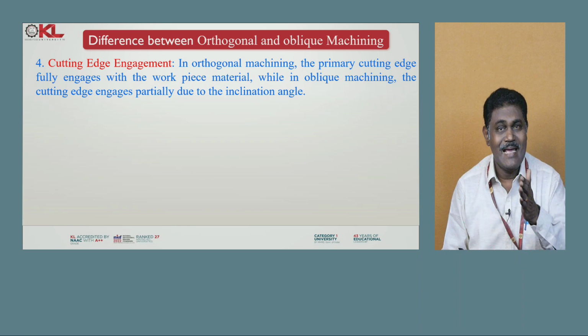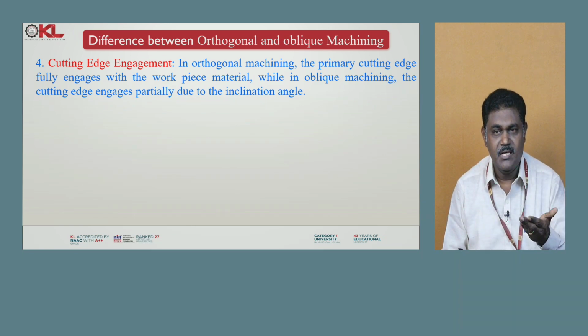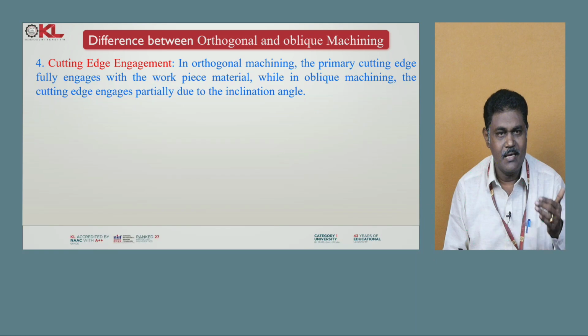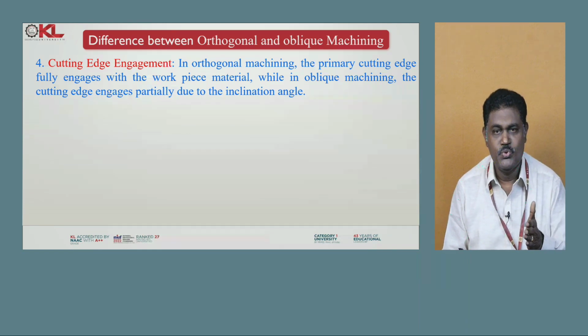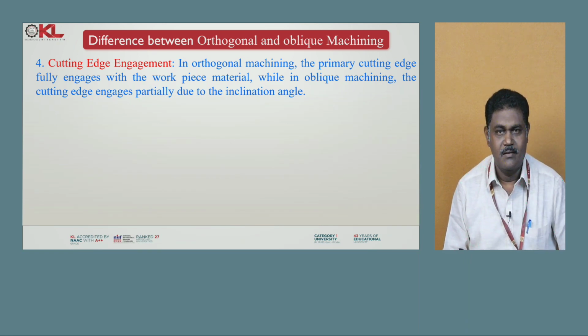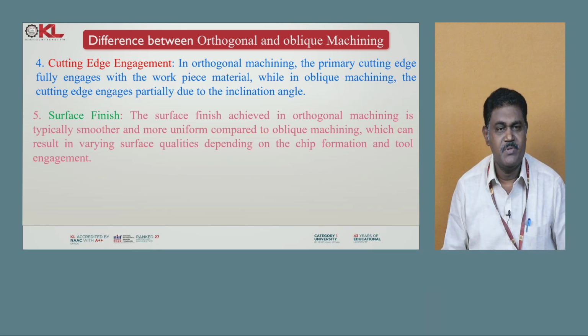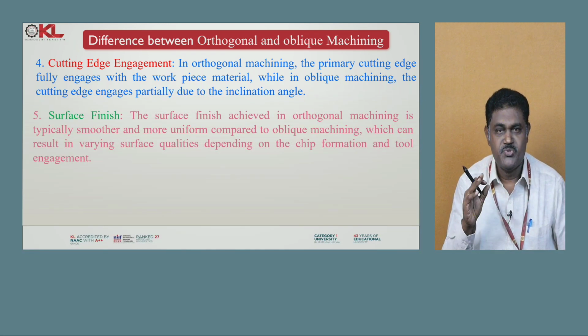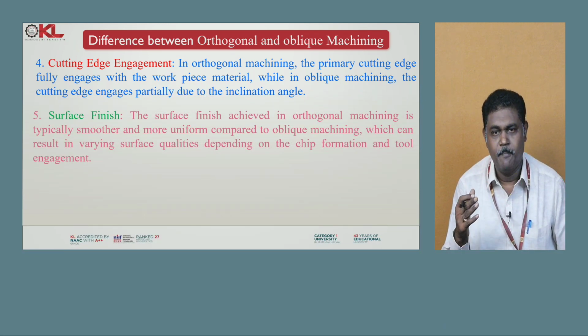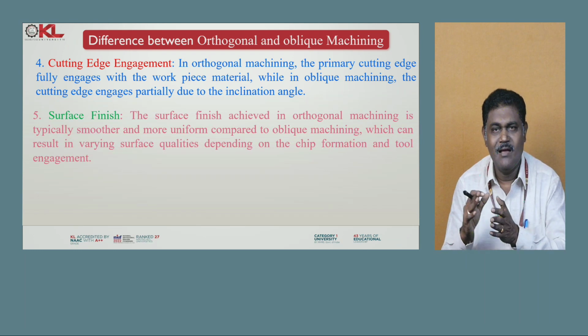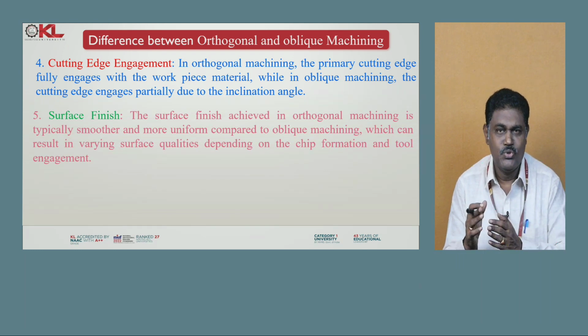Cutting edge engagement: in orthogonal machining, the primary cutting edge fully engages with the workpiece material, while in oblique machining the cutting edge engages partially due to the inclination angle. Surface finish: the surface finish achieved in orthogonal machining is typically smoother and more uniform compared to oblique machining, which can result in varying surface qualities depending on the chip formation and tool engagement.